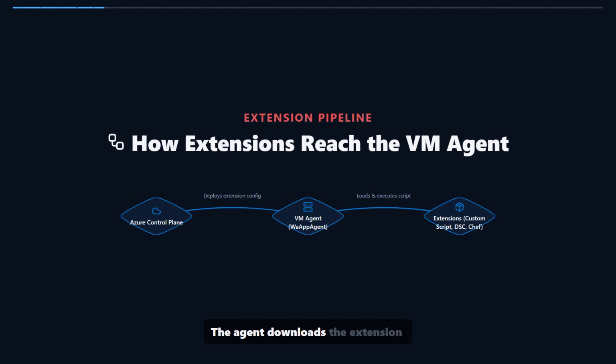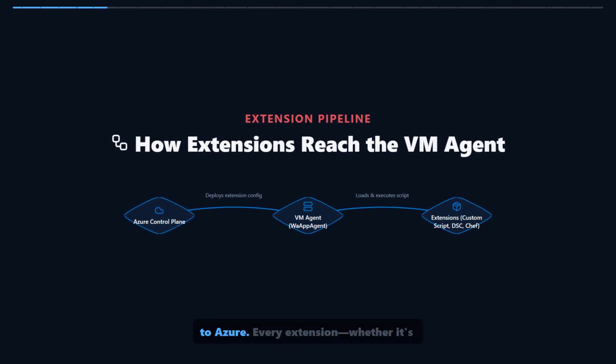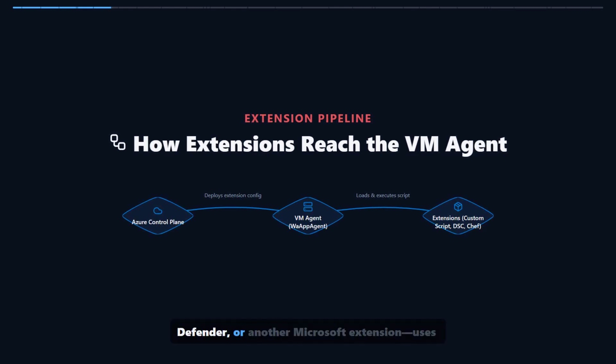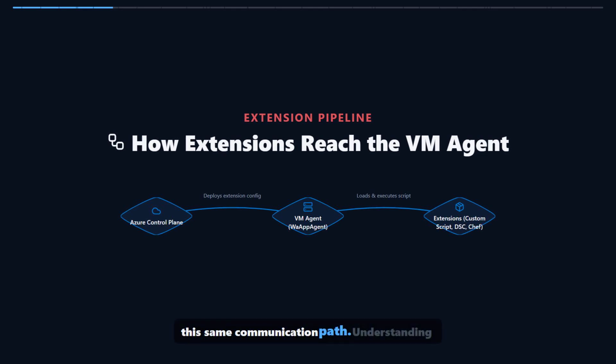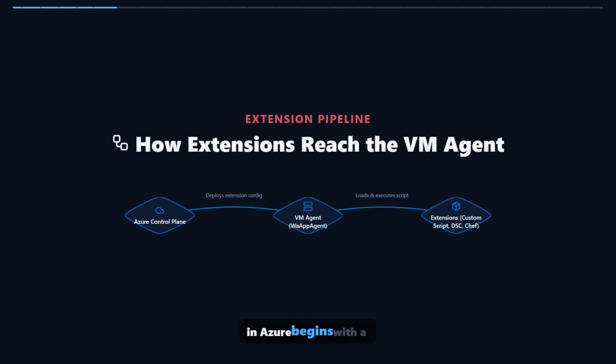The agent downloads the extension package, verifies it, installs it, and reports the results back to Azure. Every extension, whether it's custom script, Azure Monitor Agent, Defender, or another Microsoft extension, uses this same communication path. Understanding this architecture explains why nearly every automated VM management task in Azure begins with a healthy VM agent.